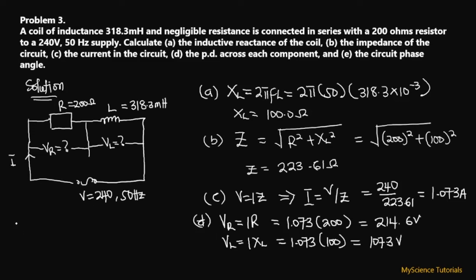Now, here is a catch for you to verify if your answer is correct. We said that the applied voltage is the phasor sum of these two voltages, which is VR squared plus VL squared. Now we just found out that our VR is 214.6, so 214.6 squared plus 107.3 squared.